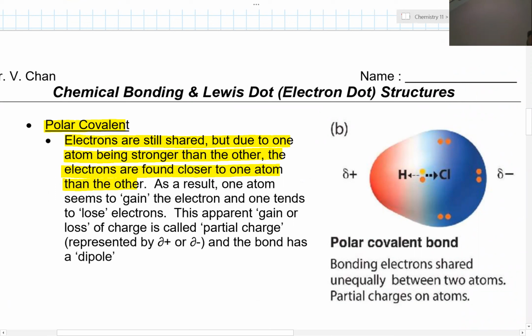As a result, one atom seems to gain electrons and the other tends to lose electrons. The apparent gain or loss of electrons, a charge, is called a partial charge, represented by partial positive or partial negative, and the bond is a dipole.